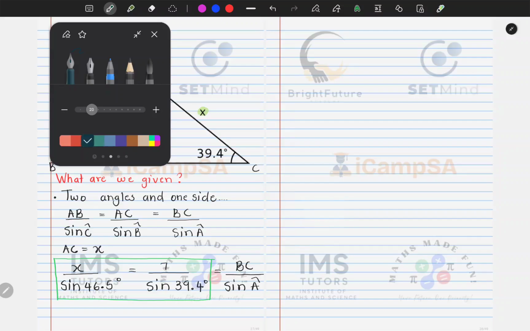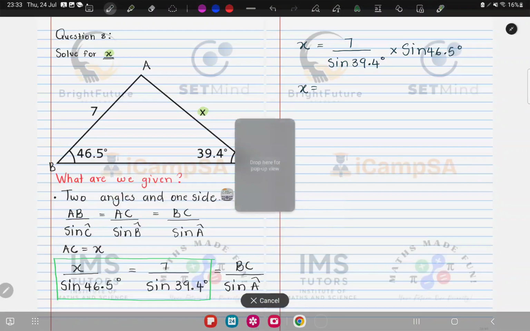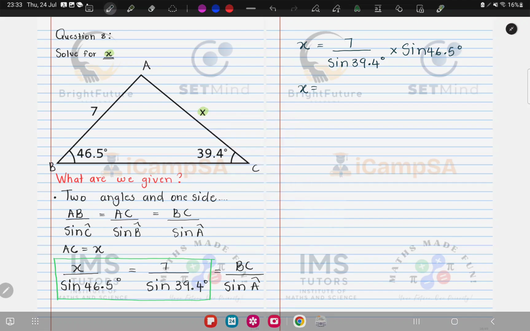So if you observe carefully, if I do cross multiplication, our x will end up being equal to 7 divided by sine of 39.4 multiplied by sine of 46.5 degrees. So let's go ahead and figure out what the x is.